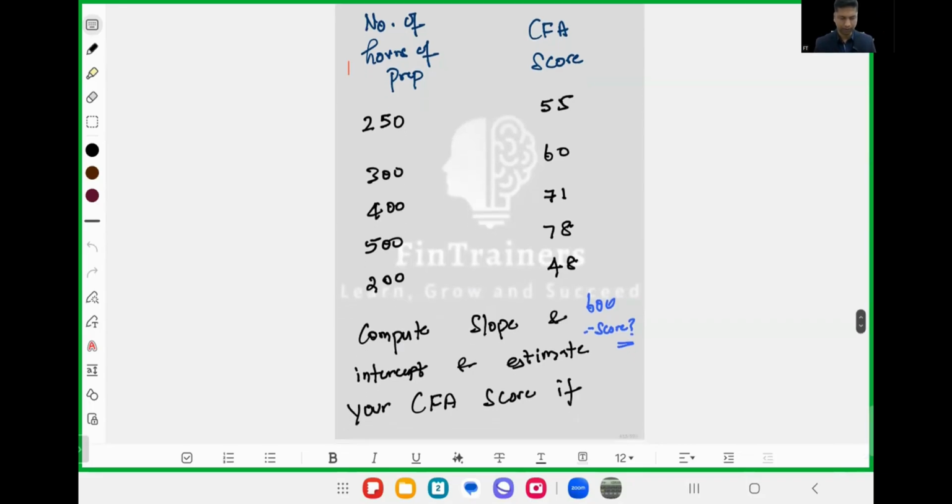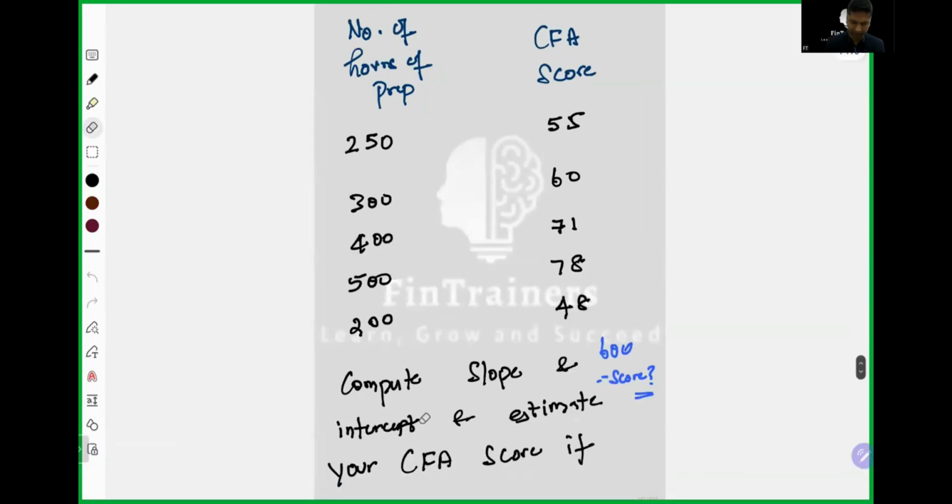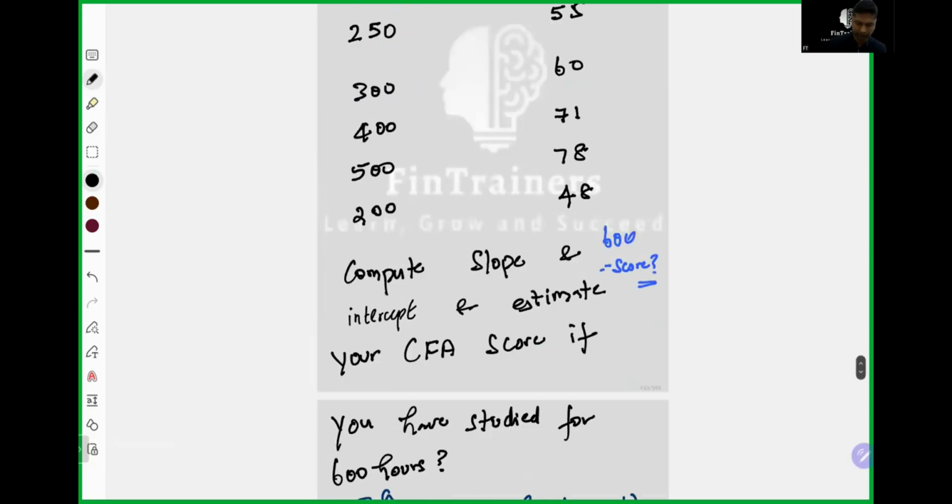So do a regression, that is, you have to calculate the slope and intercept and compute your score if you have studied for 600 hours, right? So just a recap of what we did the other class. Let's do this simple computation quickly. Calculate the slope and intercept and calculate your score if you have studied for 600 hours, okay?